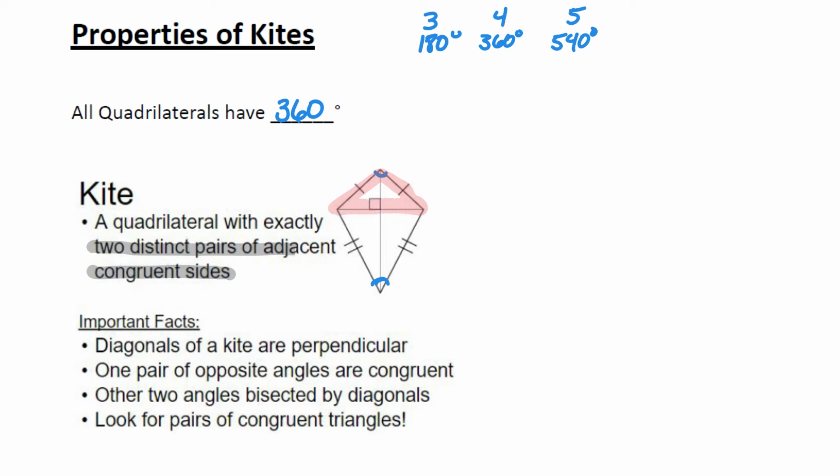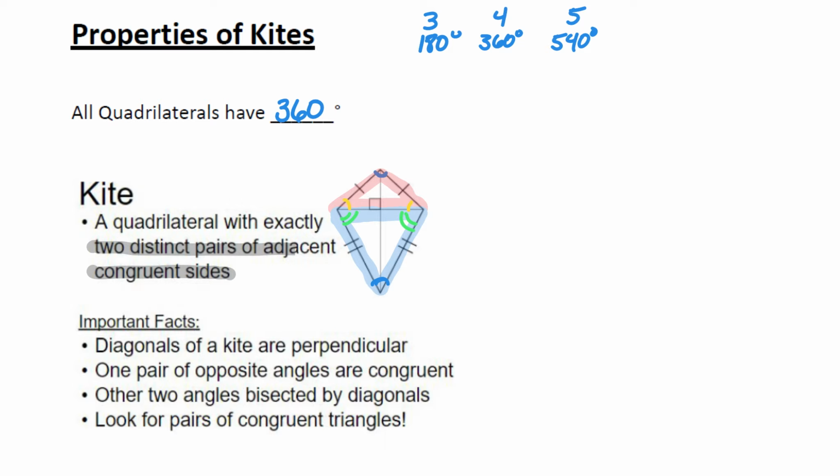One isosceles triangle there, and one isosceles triangle here. The thing to remember about isosceles triangles is, yes, they have equal sides, but they also have equal opposite angles. So if this angle is equal to this angle, and on the other figure, this angle is equal to that, clearly if they have two equal angles forming that one side, then they're equal to one another. So the second little fact we have: one pair of opposite angles are congruent.